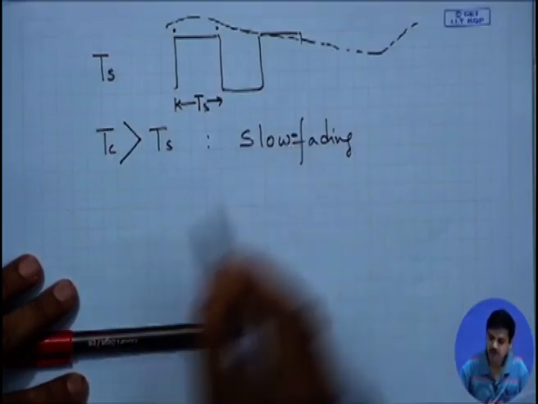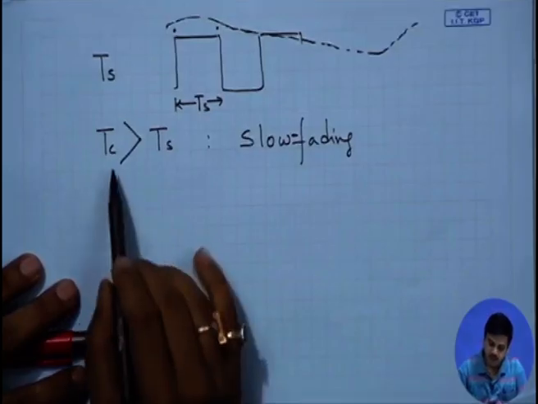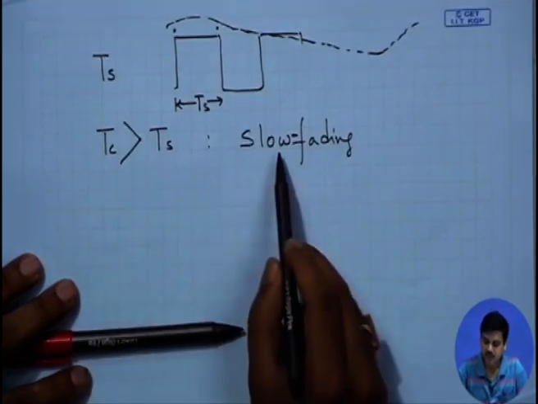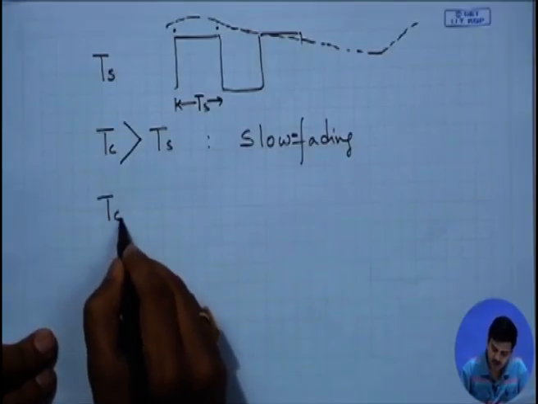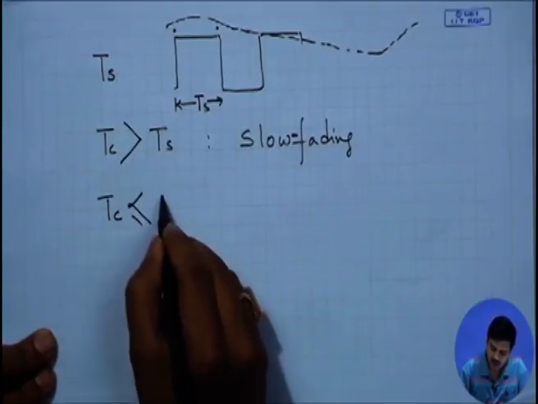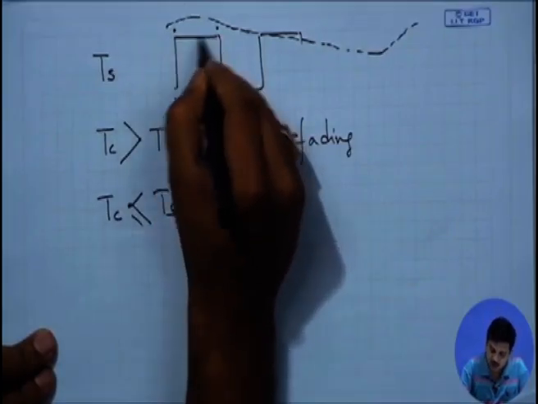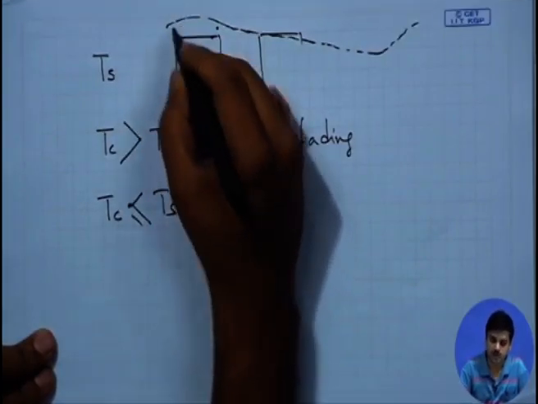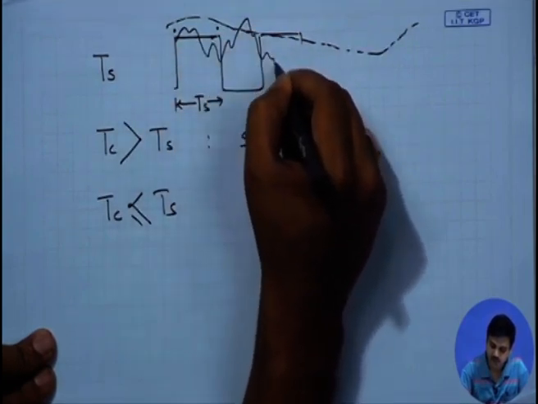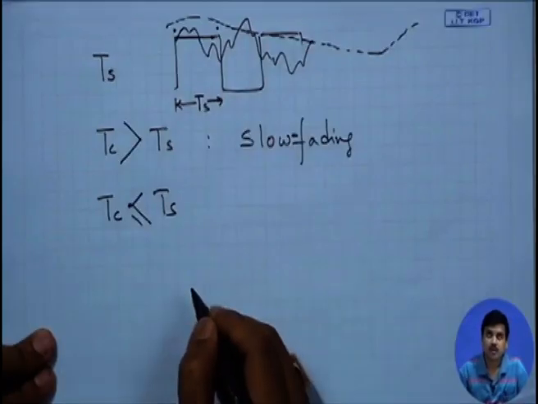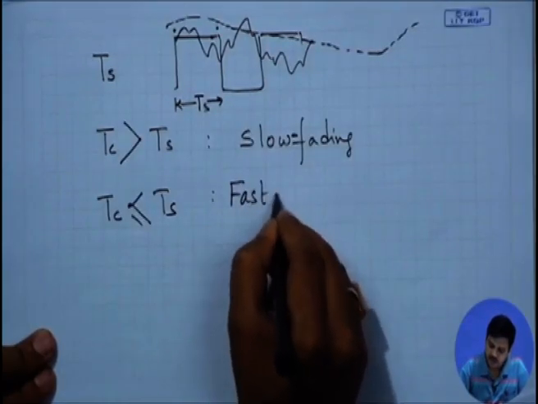We had identified the channel to be time selective. In time selective, if this is the condition, then we say it is a slow fading condition, whereas if coherence time is smaller than the symbol duration, that means the signal fluctuates even before the symbol is over. The channel is fluctuating like this, and in that case it is known as a fast fading situation.